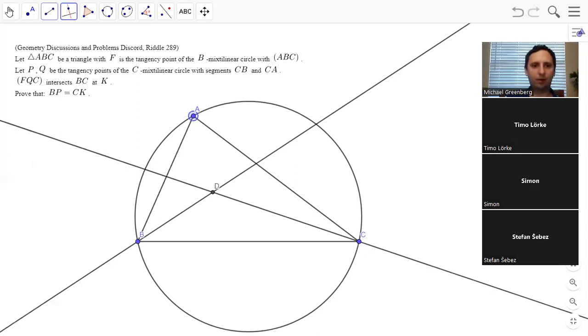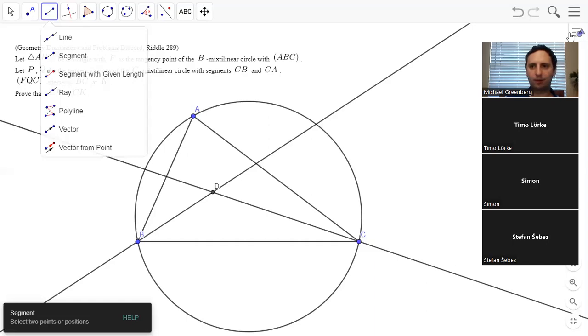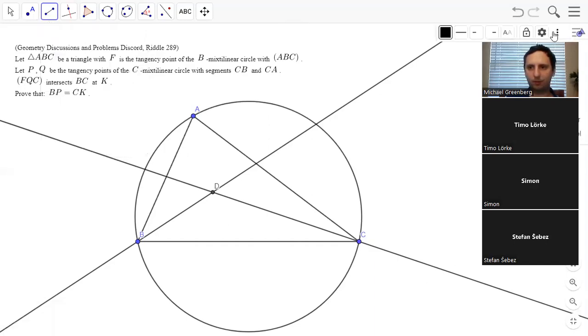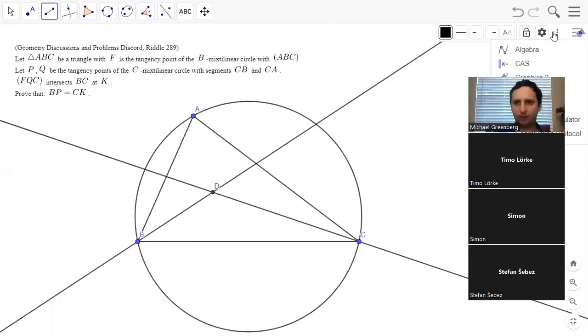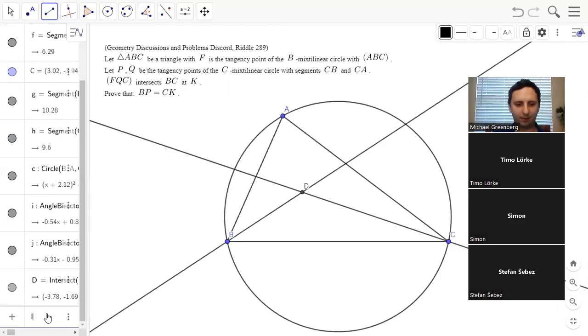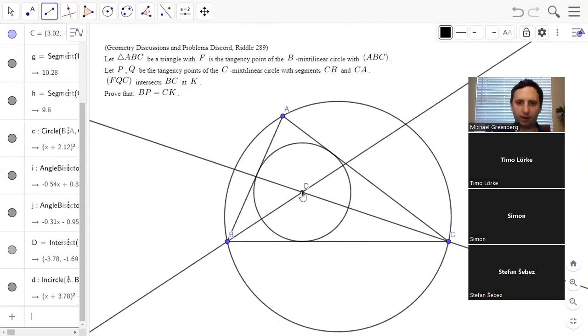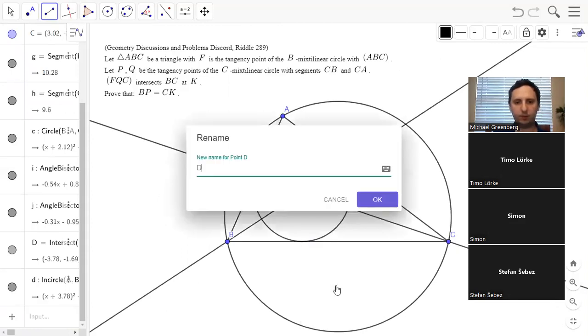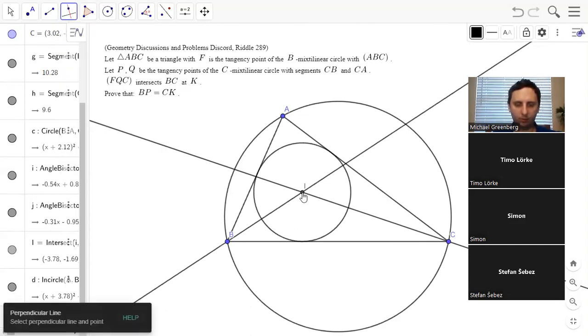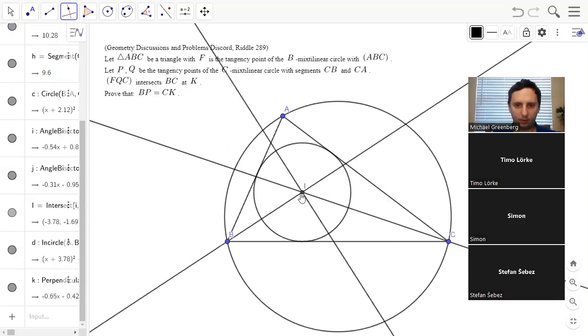I'll just do it the normal way. Trying to be creative, but it's not always the best. This should be I. So I want to draw the perpendiculars to these two.